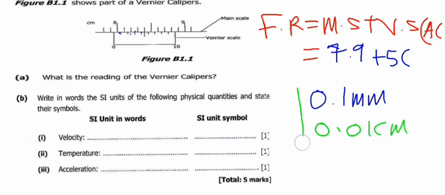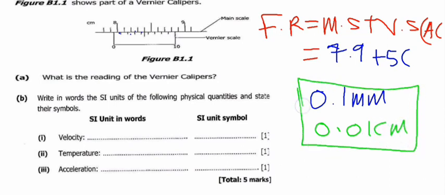First one in millimeters and the second one in centimeters. Since we have been given the units as centimeters, we are going to pick the accuracy of the vernier calipers in centimeters, which is 0.01 centimeters.